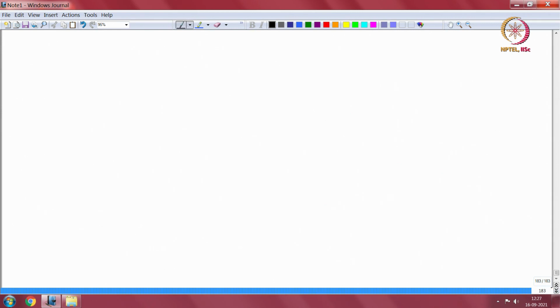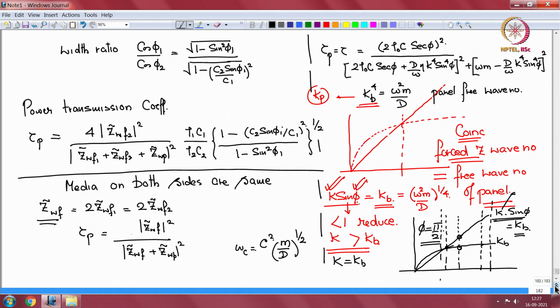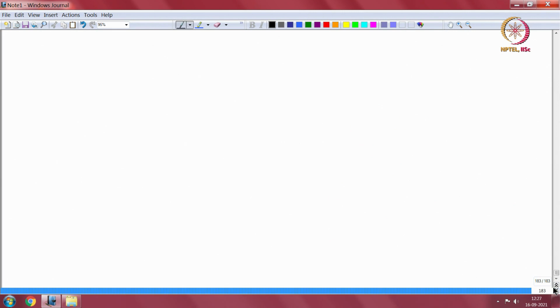So now, what did we do here, let's see. If we now use these, let me rewrite actually. We have tau p or tau, intensity and power are the same because the angles have turned out to be the same.